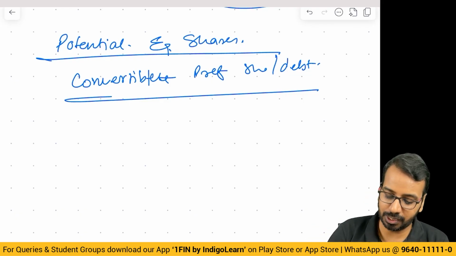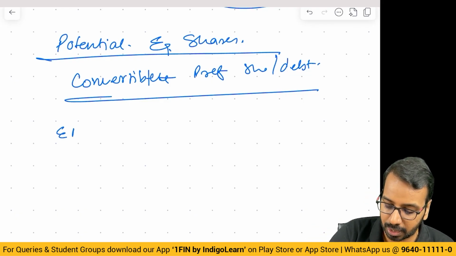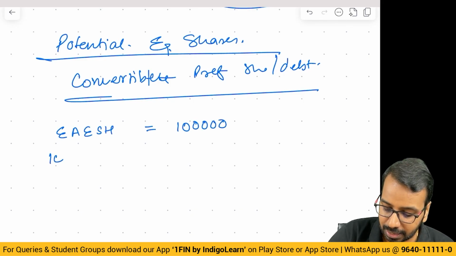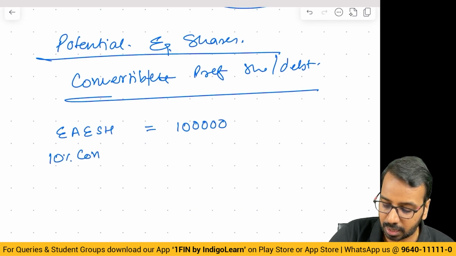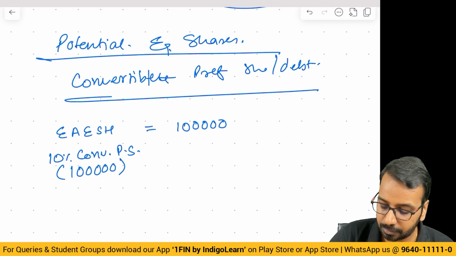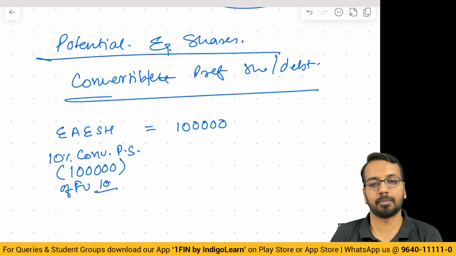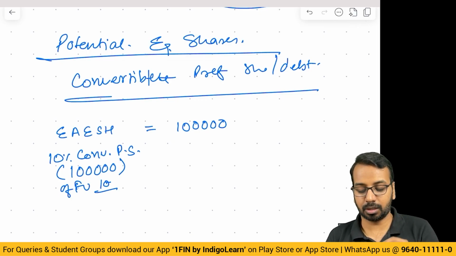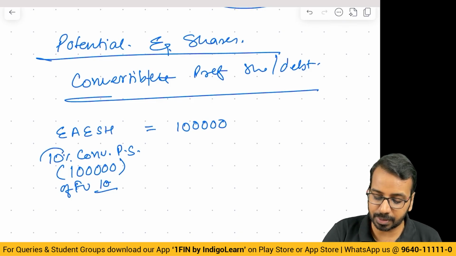Now the way it works is, let us say earnings available to equity shareholders is 1 lakh. There are 10% convertible preference shares worth 1 lakh, of face value 10. 10% is the dividend.